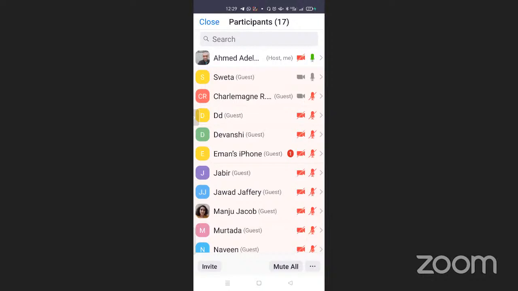So this is the most suitable time, at 8 p.m. Maybe earlier, but not much earlier, about 1 hour earlier. But most lectures will be provided at 8 p.m. Sydney time. Okay.